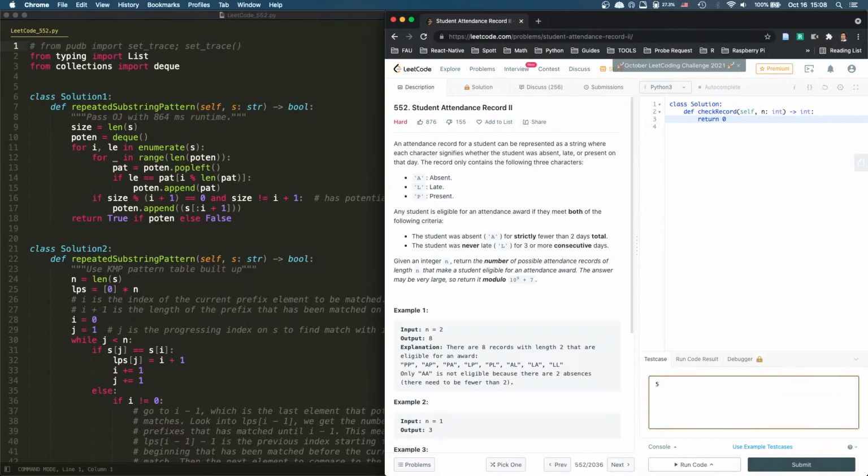So 0, 5, 1, 4, 2, 3. Okay, and for each situation, it's going to be 0 plus 5, and then 1 plus 4, and 2 plus 3. And then the whole thing multiplied by 2, because we have the other side as well.